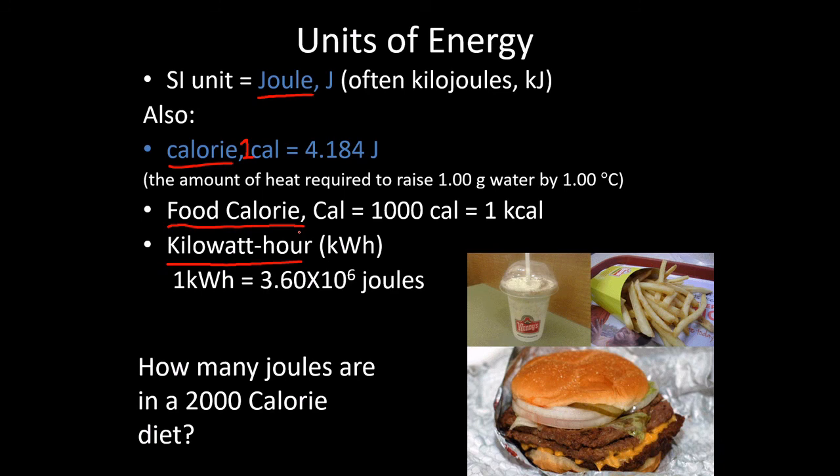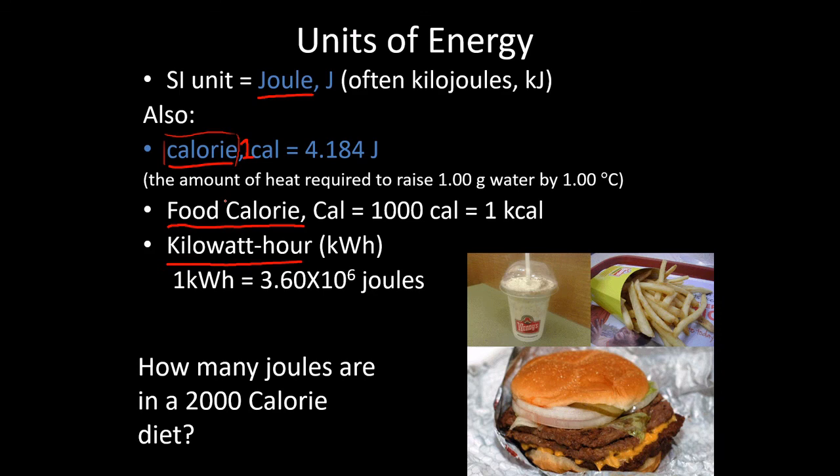And when I talk about those, I will just call them food calories, just to be absolutely clear what I'm talking about. And a food calorie is actually 1,000 of these regular, so to speak, calories. So 1,000 of these calories with a lowercase c is the same as 1 food calorie.